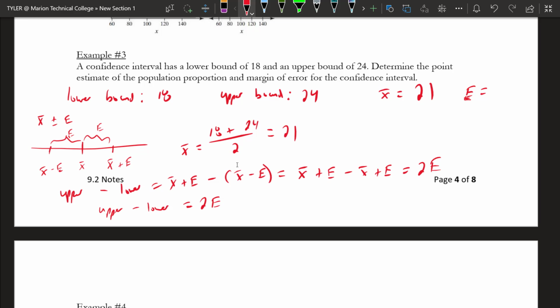So you could take 24 minus 18 equals 2e.